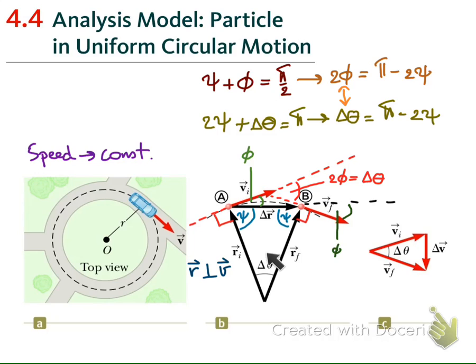Here is delta theta, here is delta theta, and with two sides equal. It means that the sides RI and RF are equal, and in this triangle the lengths of the sides VI and VF are equal.